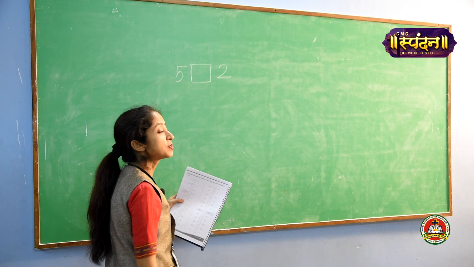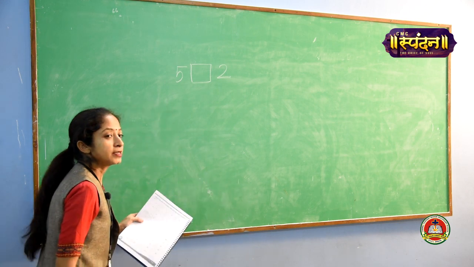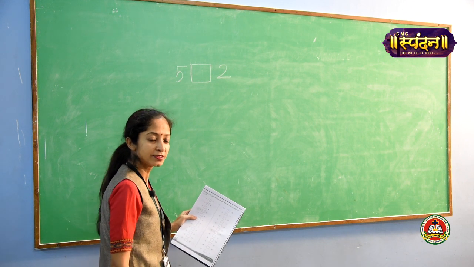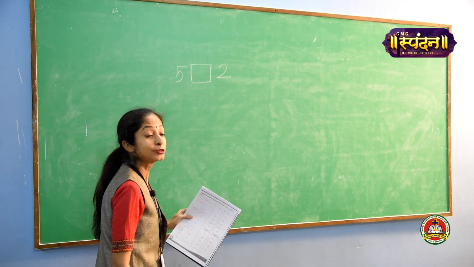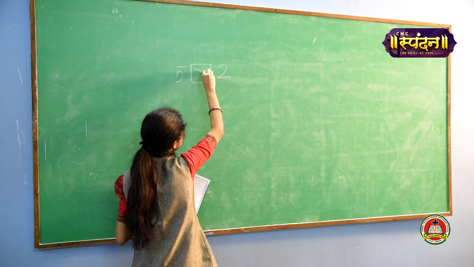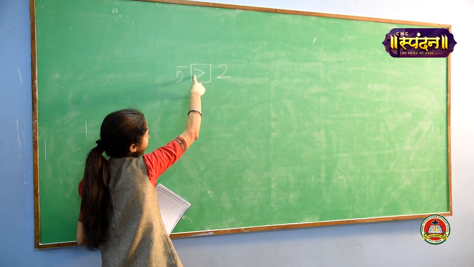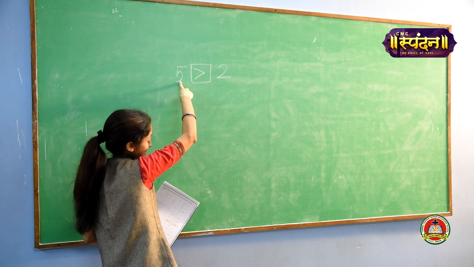Now 5 and 2, so 5 is greater than 2. So we will put the greater sign. Remember children, whichever side this gap opens, the number big will be this side, okay.